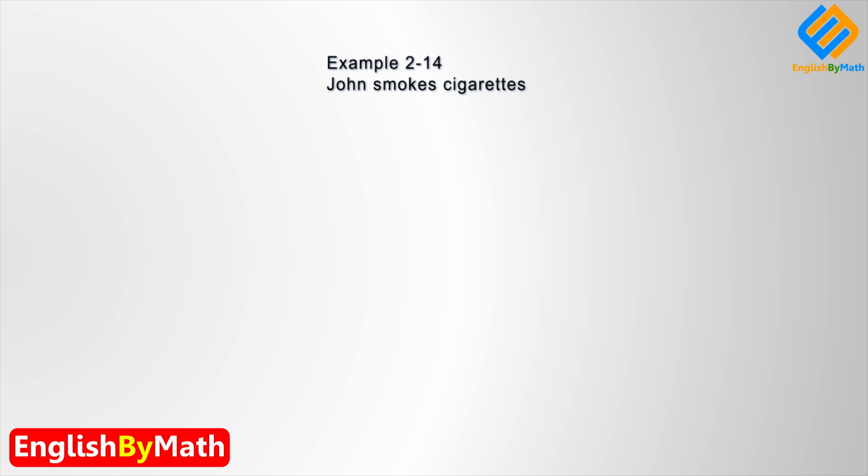However, because habits are subject to our will, that is, they are within our control, John can quit smoking if he wants. John smoked cigarettes. This sentence means that John does not smoke cigarettes now. John has changed from a smoker to a non-smoker.